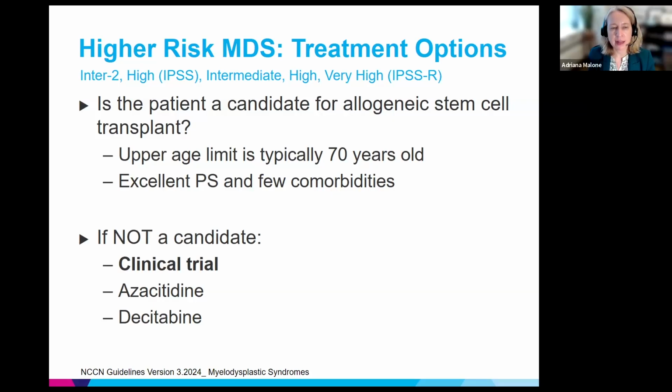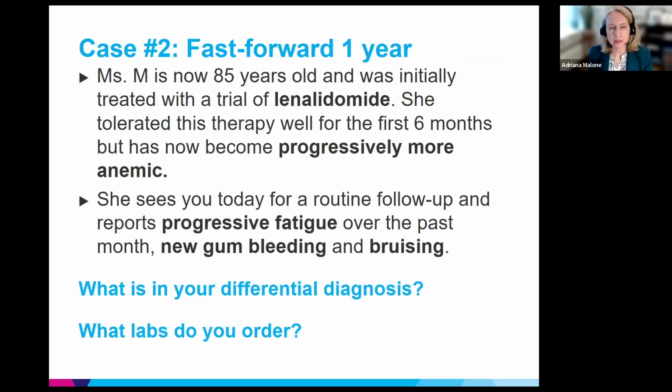If the patient is not a candidate for transplantation, then we should look to see if there are any available clinical trials, or the patient may be treated with hypomethylating therapy with either azacitidine or decitabine to begin. So now we fast forward 1 year.